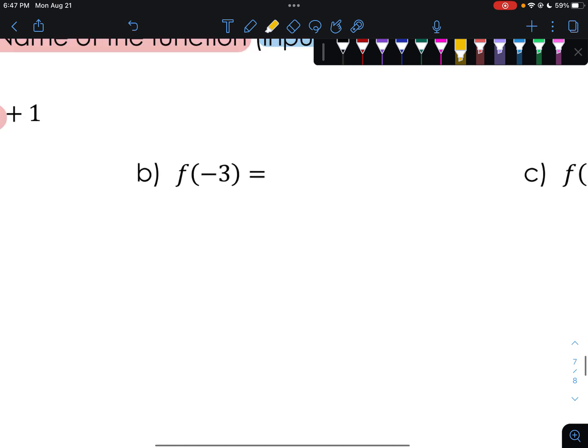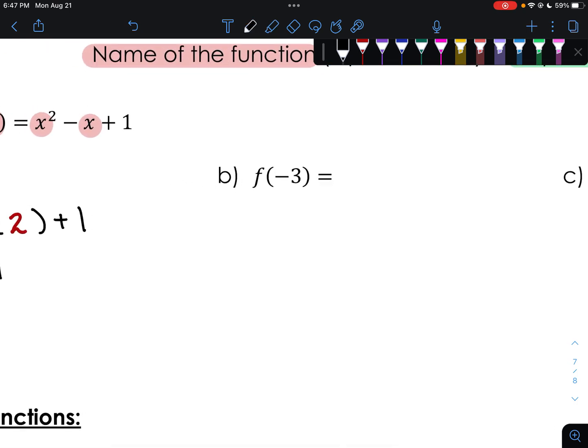Okay, trying this one using the same equation. I am now inputting negative 3 for every x. Again, I'm going to use parentheses to make sure that there's no typo. So I have a negative 3 in for that x, a negative 3 in for that x. Now I'm going to simplify.